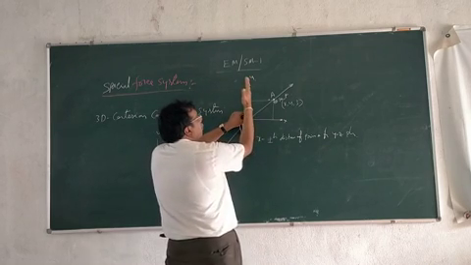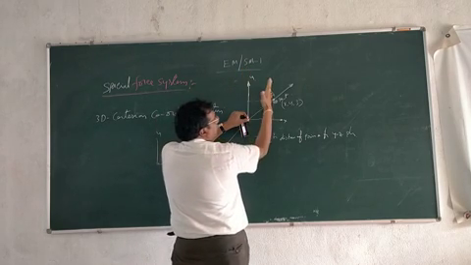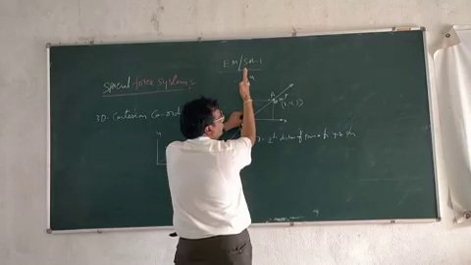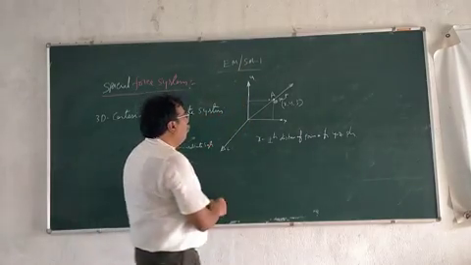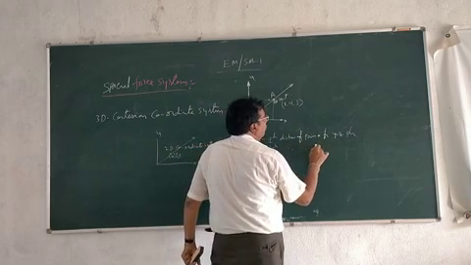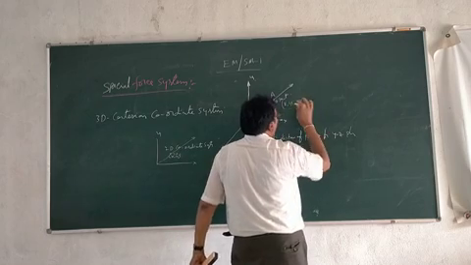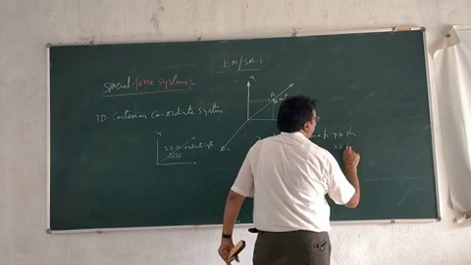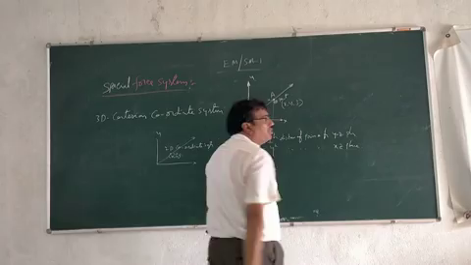Two axes form one plane, like this. This is the front plane. And y indicates the perpendicular distance of point A from the xz plane. All of you know this.